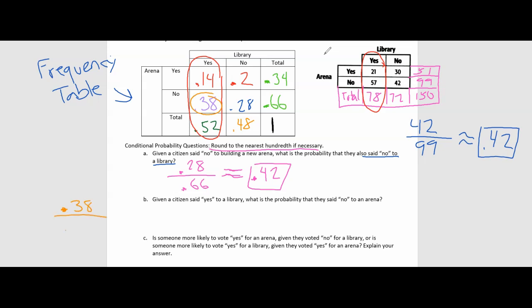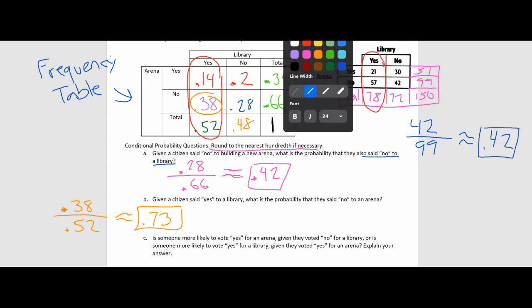Total probability of that column is 0.52, right? Because I'm only looking at the people or the probability that they said yes to a library. So 0.38 divided by 0.52, that gives us approximately 0.73. So if we only look at the people who said yes to a library, there's a 0.73 probability that they voted no for an arena.